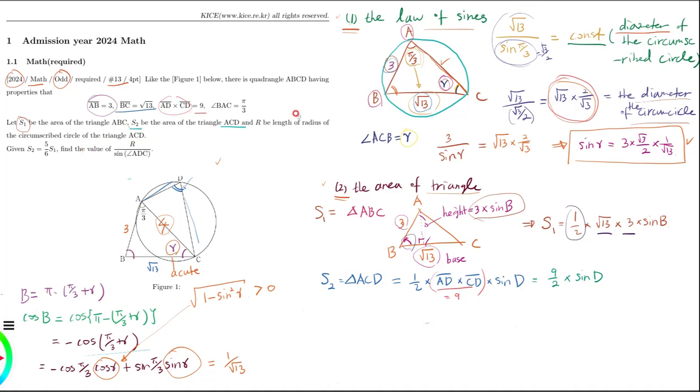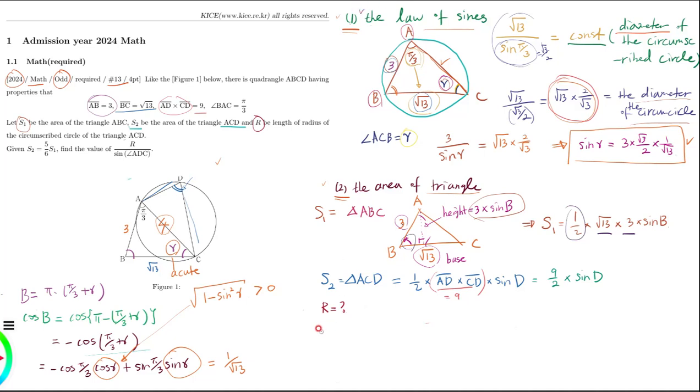To figure out the radius of the circumscribed circle of the triangle ACD, to figure out the value of capital R, use the law of sines here.